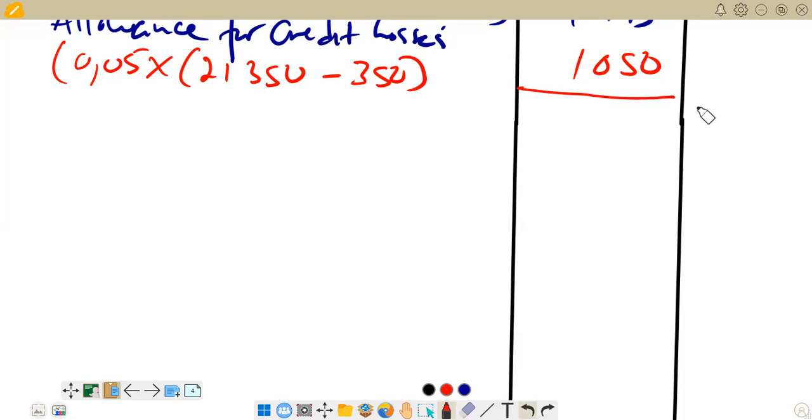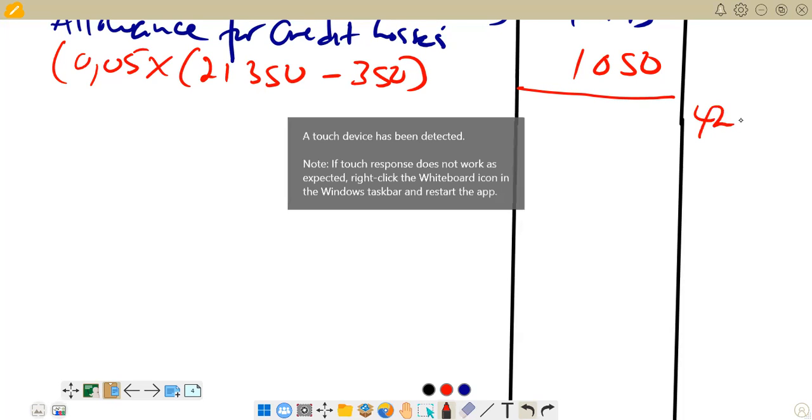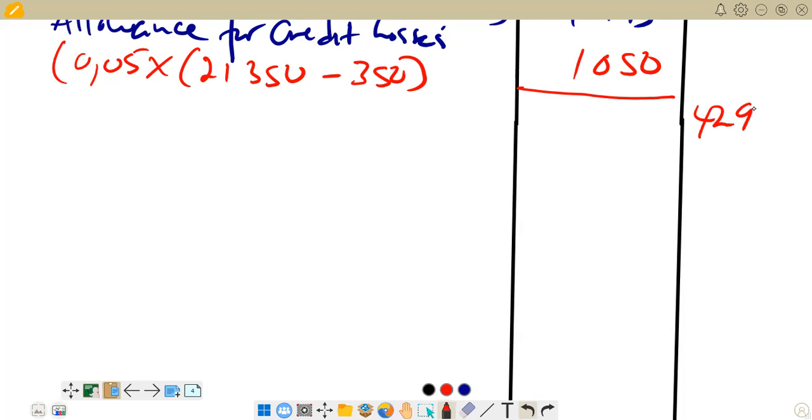So we are putting it here: 42,579. Sorry, 42,579. So we subtract, and this figure is our net profit.